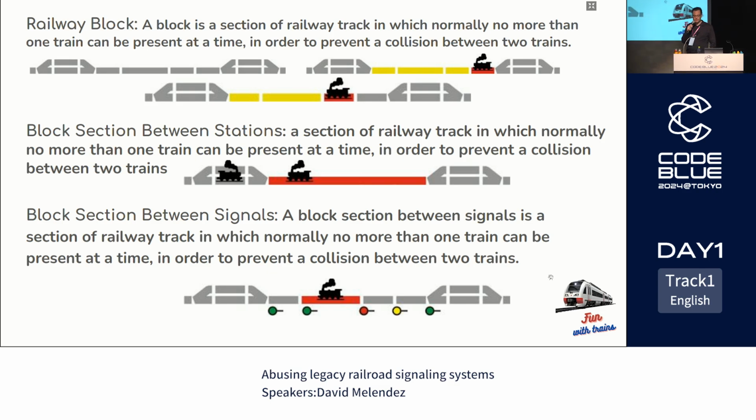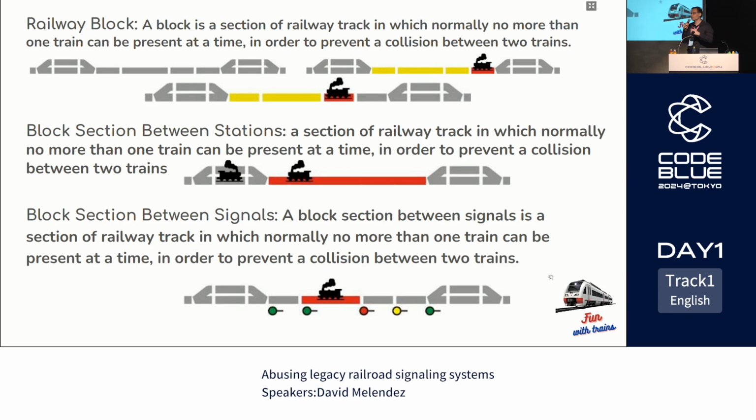How do we achieve that? By dividing the track into sections. A section can be one section between two stations, the big red line, or we can divide the track into more sections between stations. That is the case of the last picture. So how could we divide that track?